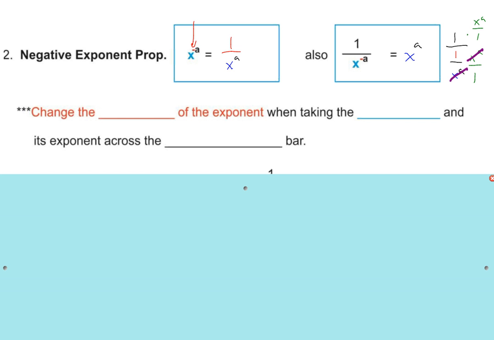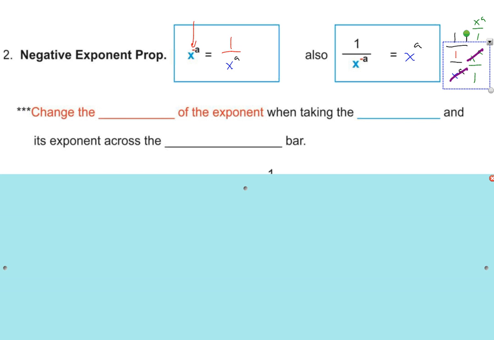So that's the math of how it happened. So again, this negative does say do 1 over x to the a, but when you simplify it, it ends up with the x to the a in the top. So what does the rule do? It saves you worrying about all this stuff.